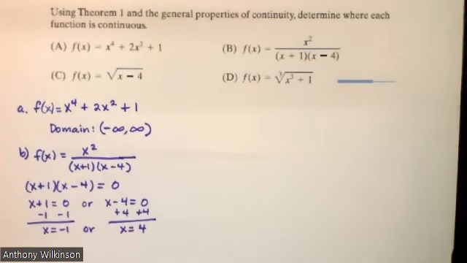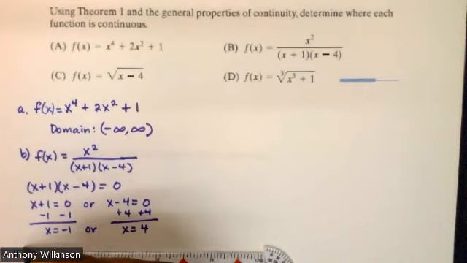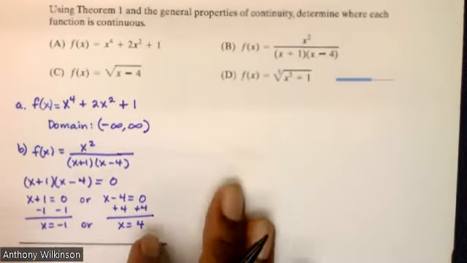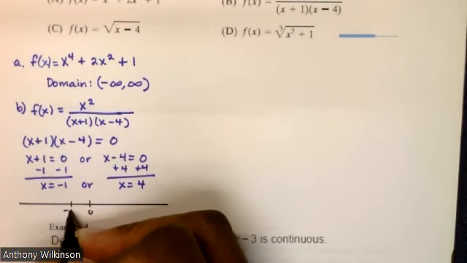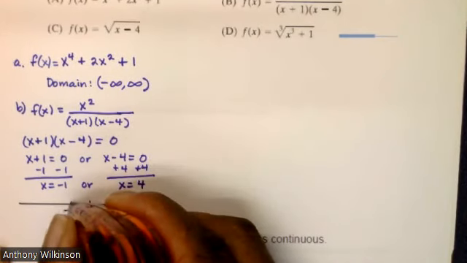So now, if this helps, you can draw a number line like I'm about to do right now. Here we got 0, -1 on the left side, and then 4 will be on the right side.